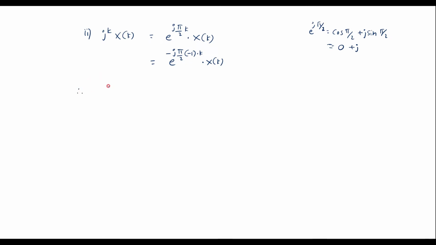So now we know that DFT of any circular sequence x of n minus l is given by e power minus j 2 pi by n into l, that is this l, into x of k. This is time shift property.